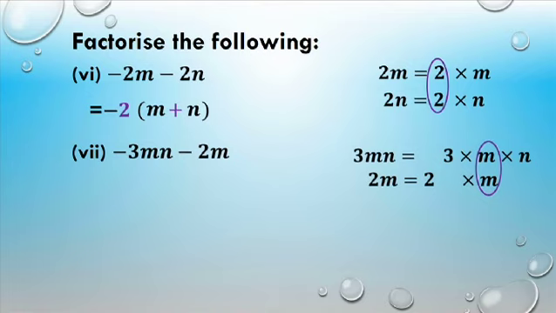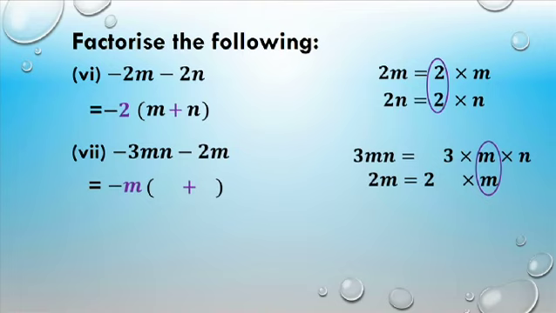Now, remember minus is common in both terms. So I'm going to consider the minus as a common factor. So minus m. Now again, because I have taken minus outside, the sign inside the bracket will change.